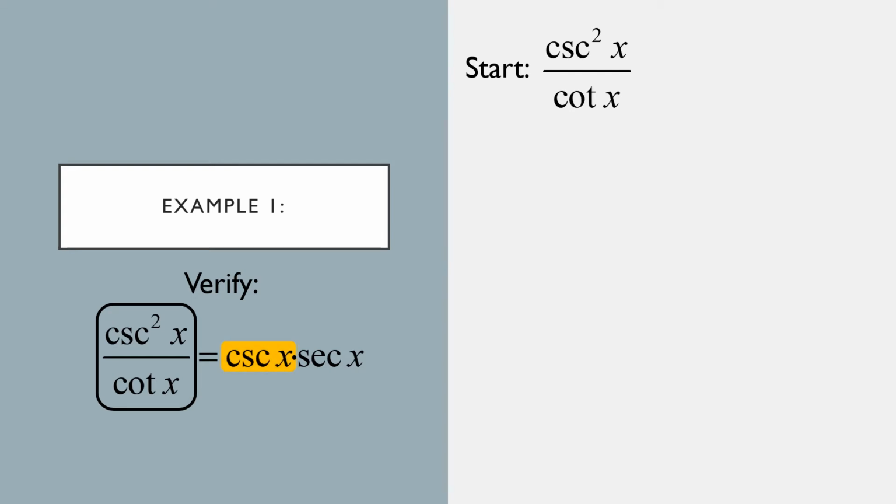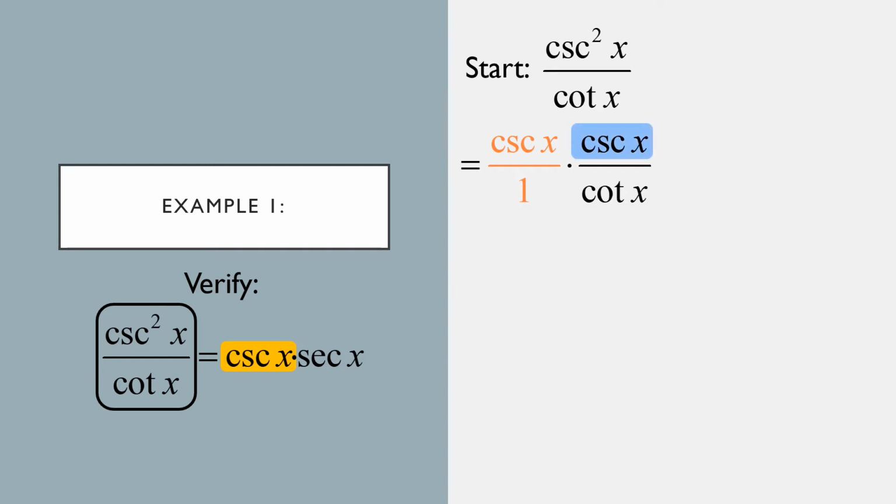Notice that what I want to manipulate it to look like includes a cosecant of x. So I want to keep one factor, one cosecant of x, which is why I'm going to start by factoring it out. Instead of cosecant squared of x, I separated it to cosecant x times cosecant x. I want to keep one of those for my final result.